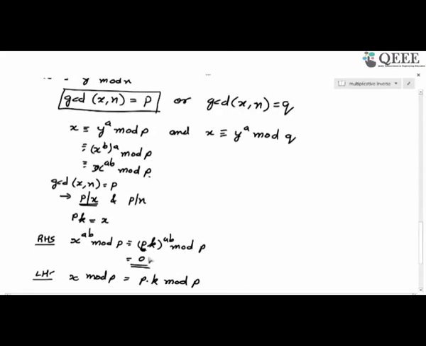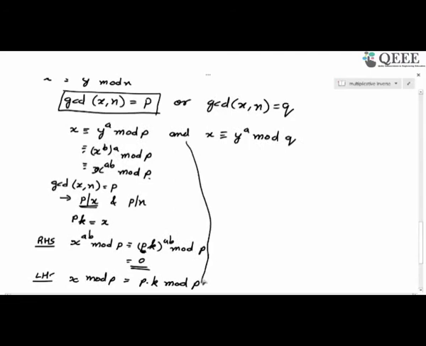Now let us look at the other equation. Okay, so we have proven this one, and now let us try to prove the next one. It states that x is congruent to y to the power of a mod q. Now one thing you would notice is that since p and q are relatively prime, the GCD of x comma q will be equal to 1, right?